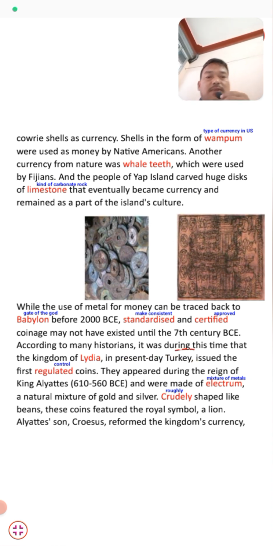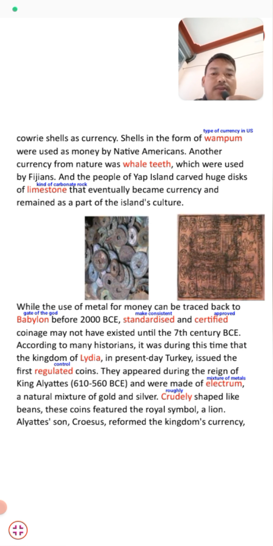It was the time that the kingdom of Lydia, that is Turkey, introduced the first state-controlled coinage. It appeared during the reign of King Alyattes, 610 to 560 BC, and the coins were made of electrum. Electrum means a natural mixture of gold and silver.